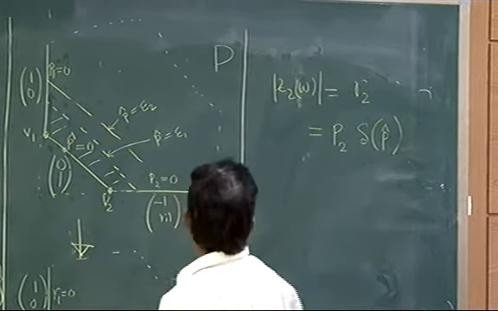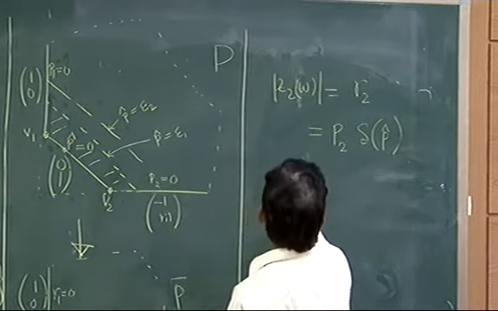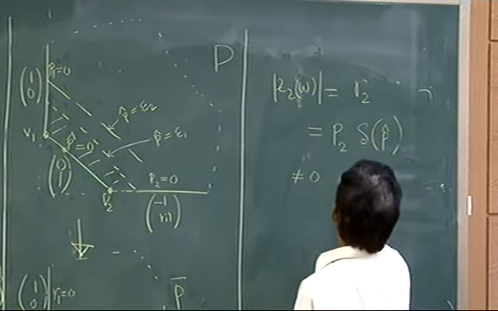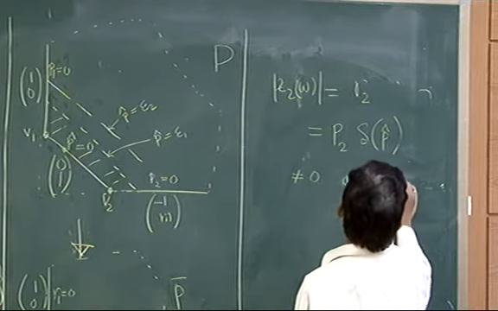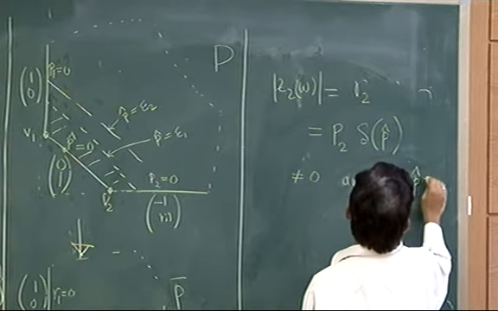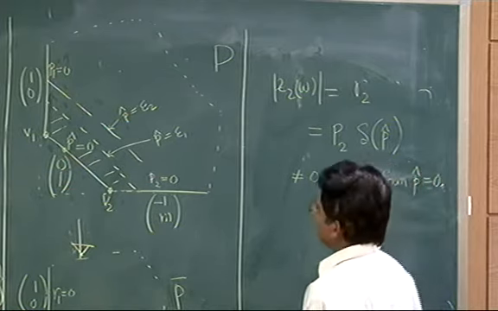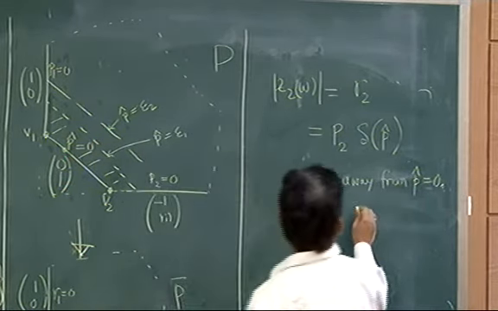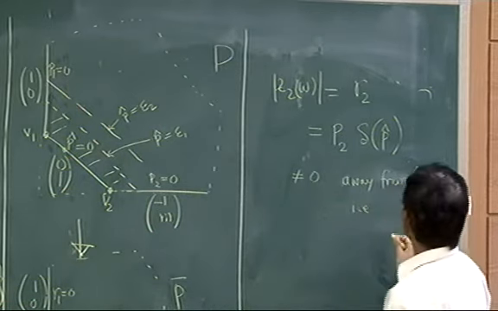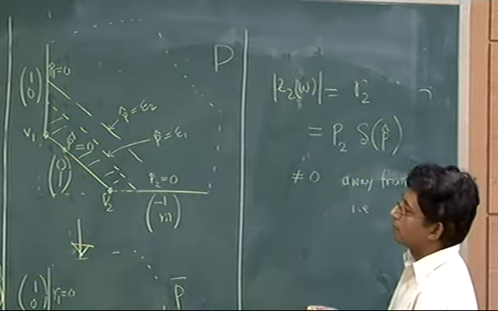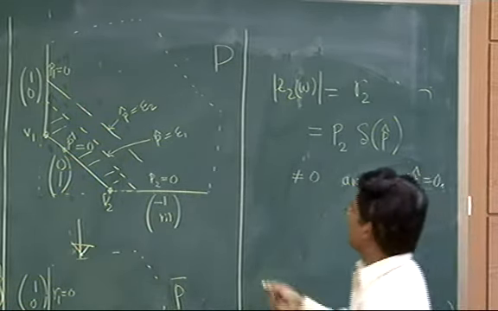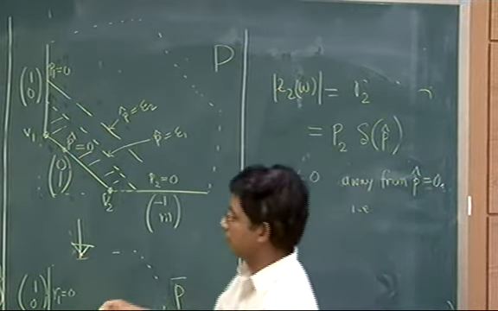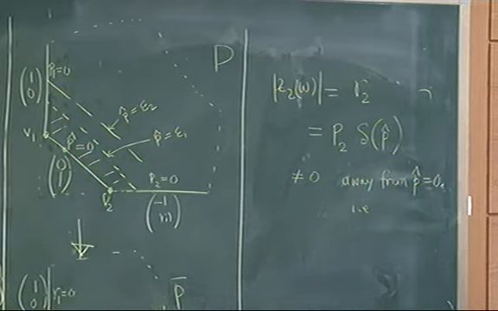And this is non-zero if away from P hat equal to 0. So in the picture, this is what you are doing. This is actually non-zero on this image.